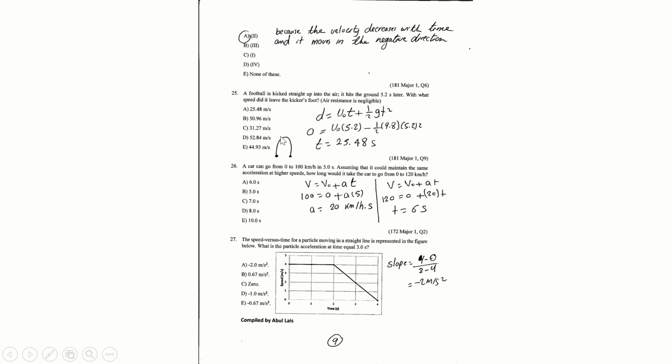So you can find the initial velocity using gravity and the time. But in this case we don't know the distance.